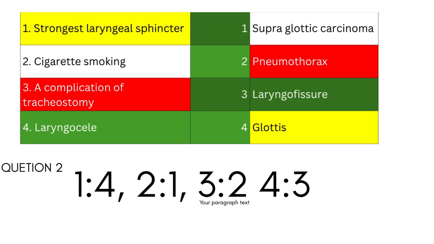So individually you remember all the three membranes, and the conus elasticus is the most important of all these, since it is the strongest laryngeal sphincter.